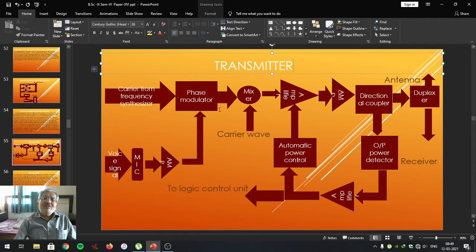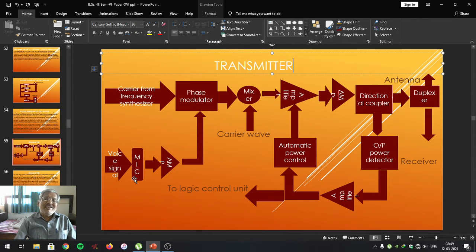To this particular phase modulation, two signals are provided. One, actually voice signal to be communicated or to be transmitted from the cell phone. It is coupled to the phase modulator via microphone.